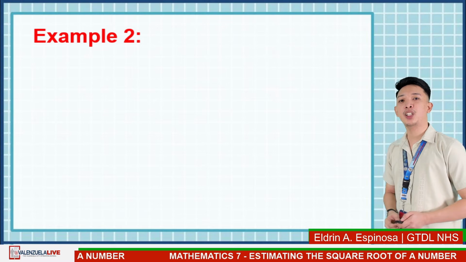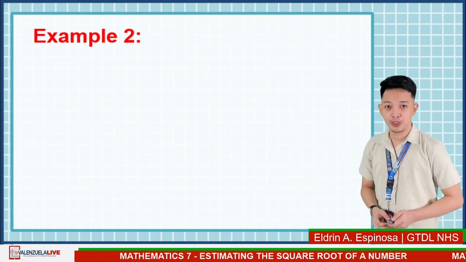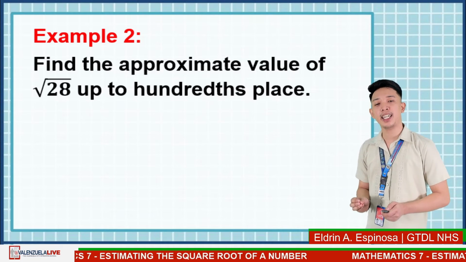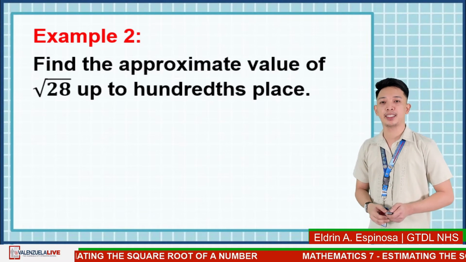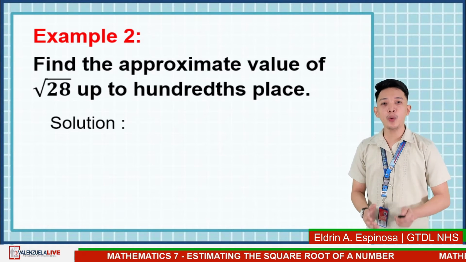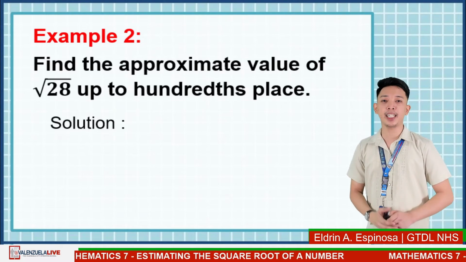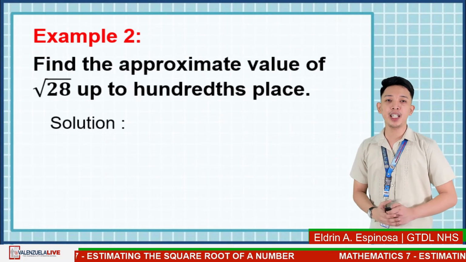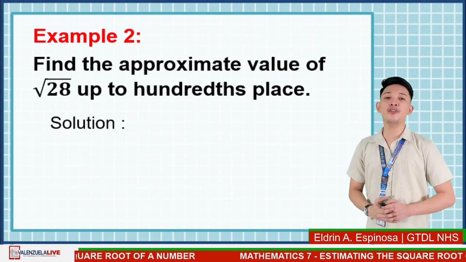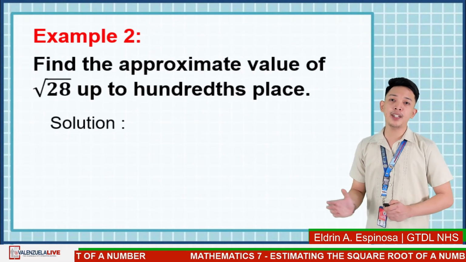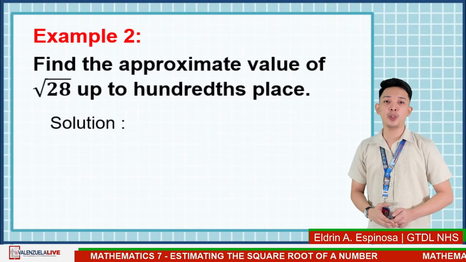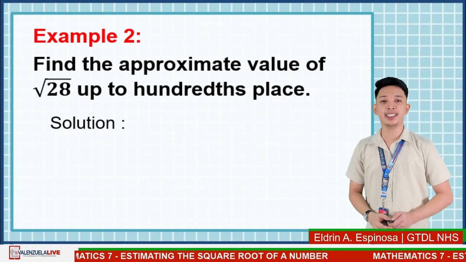Let us now proceed with example number 2. Find the approximate value of square root of 28 up to the hundredths place. To solve this problem, again, we're going to determine between what two consecutive integers this given irrational number lies. But before that, we need to find the perfect square numbers nearest to 28 first. 28 is located between 25 and 36.